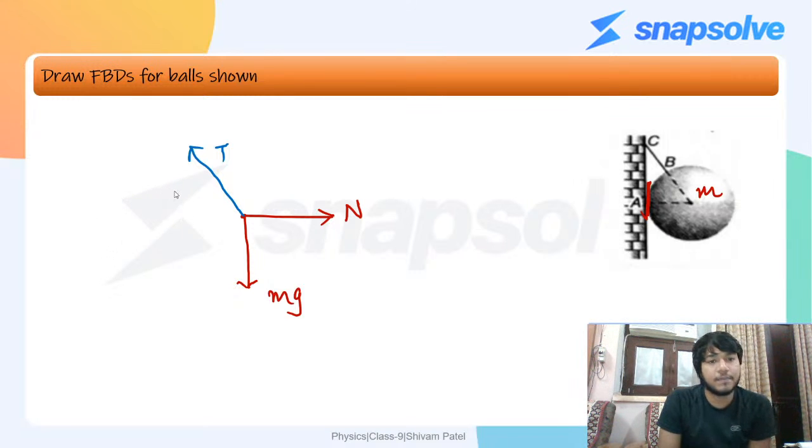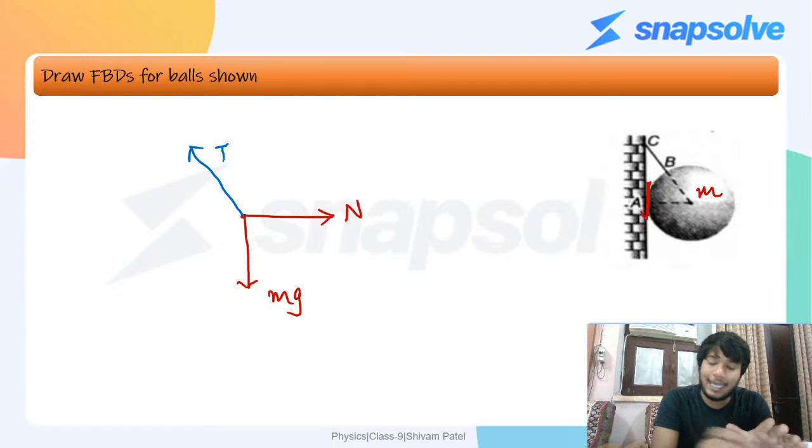Is it clear? Please tell me if you are having any doubt regarding this. Because see, if you have learned how to draw the free body diagram, half of the thing is done. The only thing which you require to do after that in this laws of motion chapter is to apply the equations. If you are done with the free body diagram, you can simply resolve the force into components and apply the laws of motion.